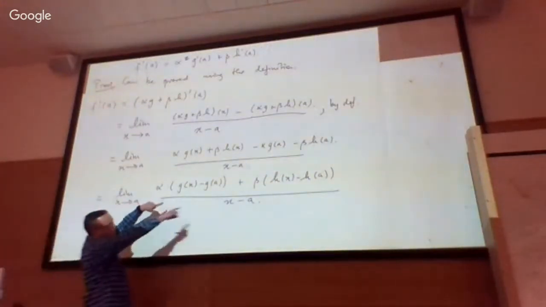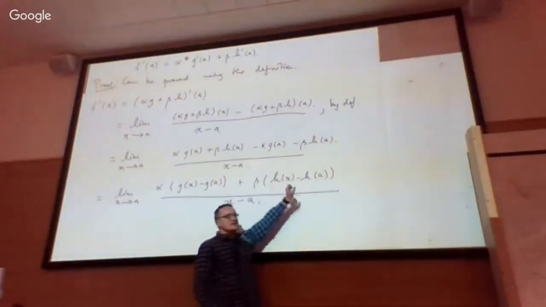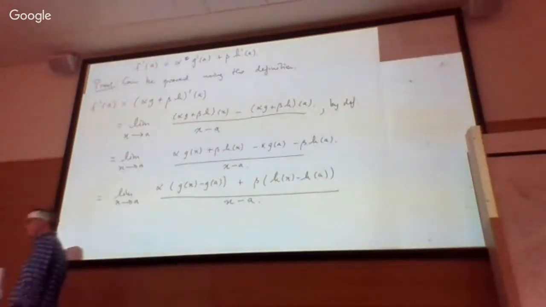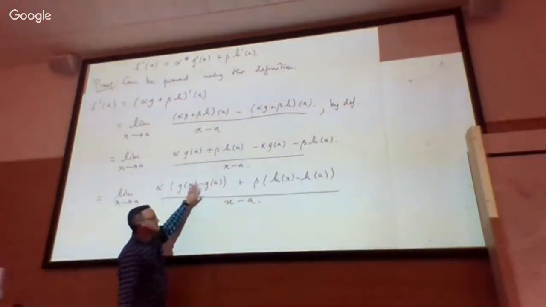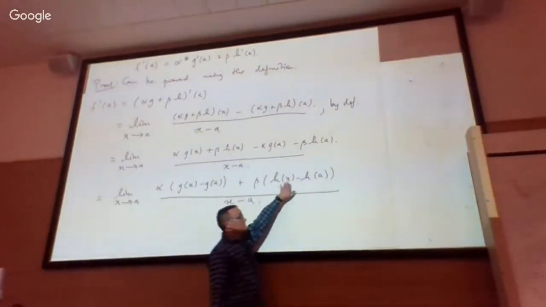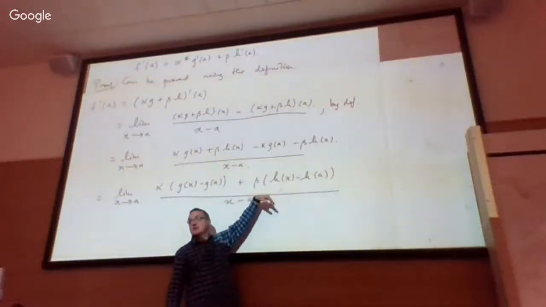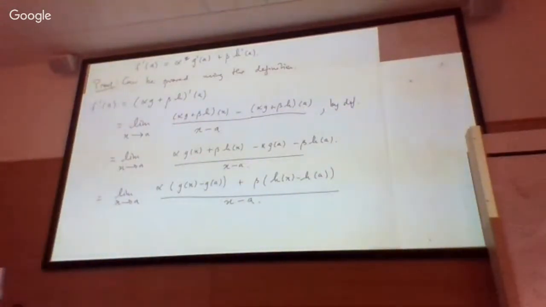But at least that worked with the numerator. It isolates all the g's together and isolates all the h's together. You can start to see a route through to the destination. Because we recognize these things: the difference in value between g of x and g of a over x minus a, and the difference in value between h of x and h of a over x minus a. Those are exactly the quotients that occur in the definition of the derivatives of g and h.